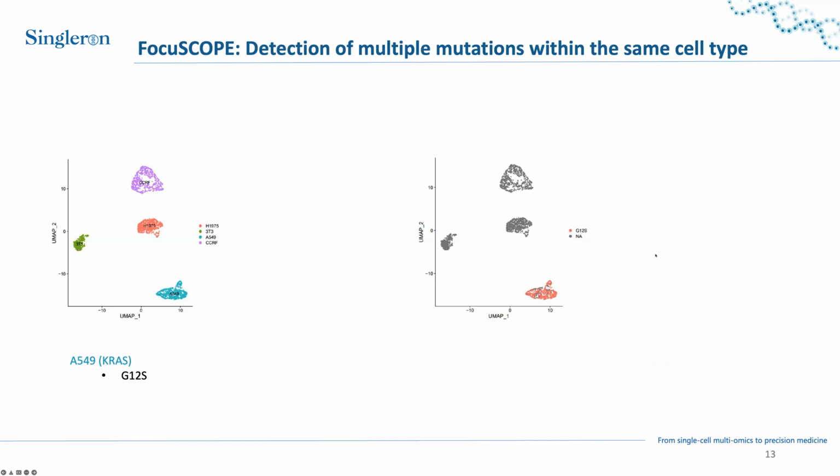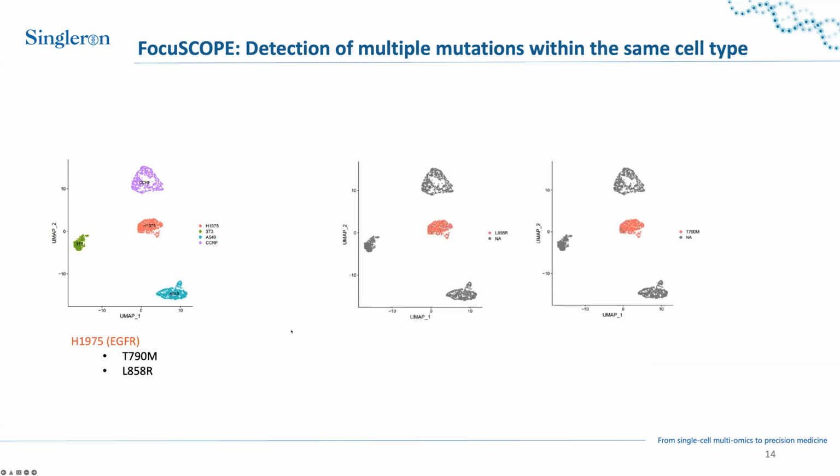When you look at the UMAP, you can see that we detect this G12S mutation very, very specifically in this cell line. The other cell lines, where we do not expect this specific mutation, do not show this, so there are no mutations detected in the other cell line clusters.